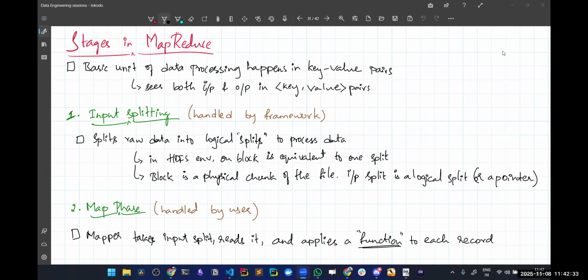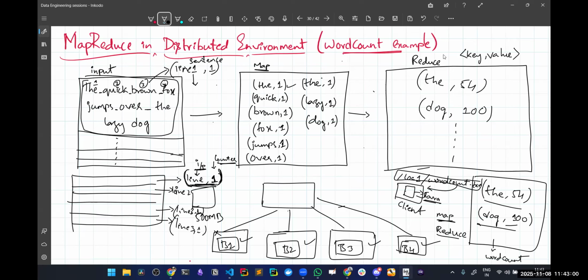Let's get started on stages in MapReduce and understand how all of this works. Even before we touch upon anything, as discussed earlier, the key unit of any MapReduce environment is key-value pairs.